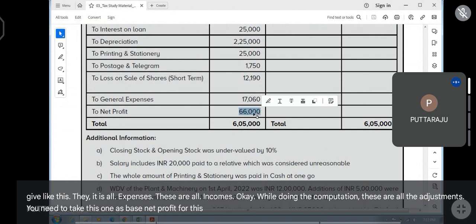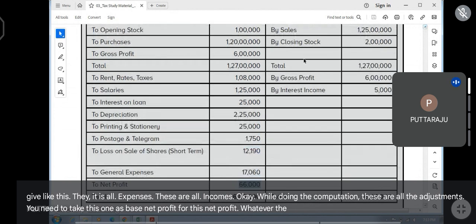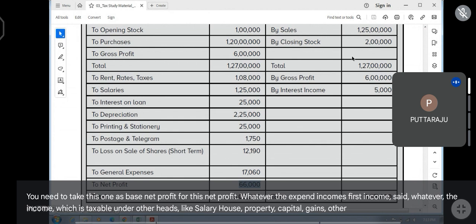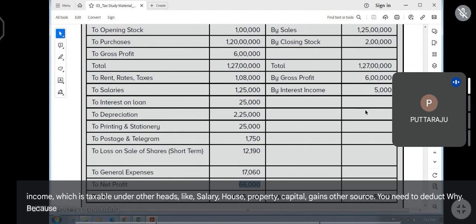For this net profit, whatever the incomes, first on the income side, whatever income is taxable under other heads like salary, house property, capital gains, other sources, you need to deduct. Why? Because it is not relating to the business, hence incomes need to be deducted. In this case, 5,000 needs to be deducted from this 66,000.